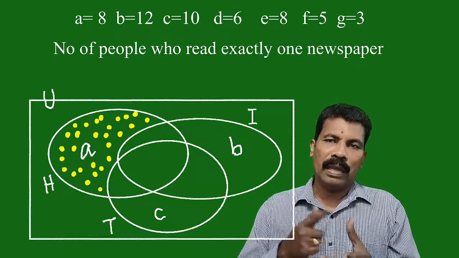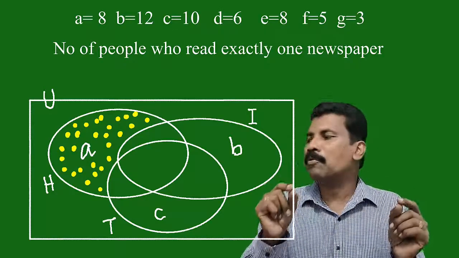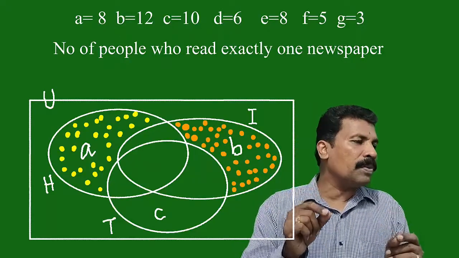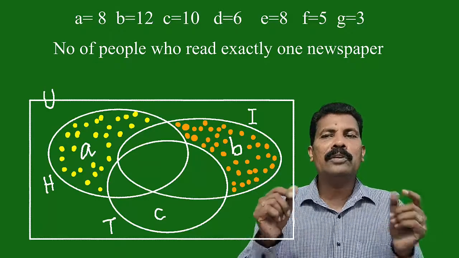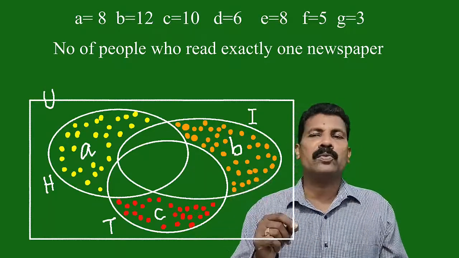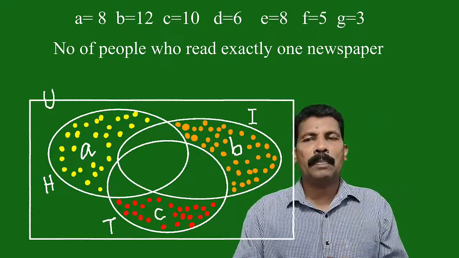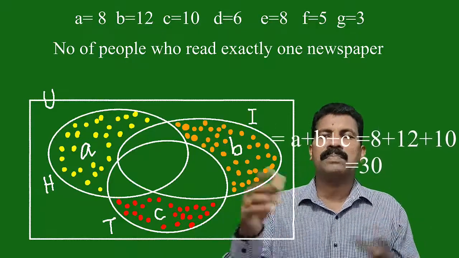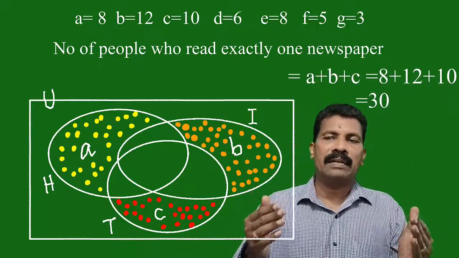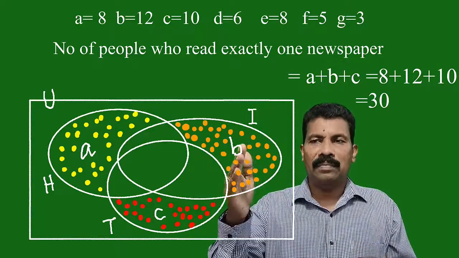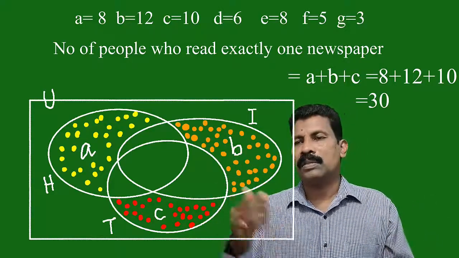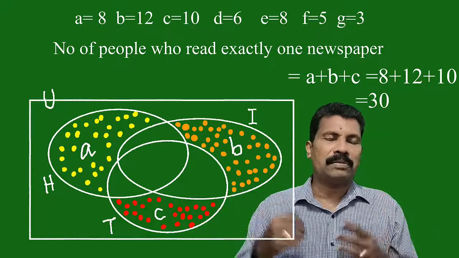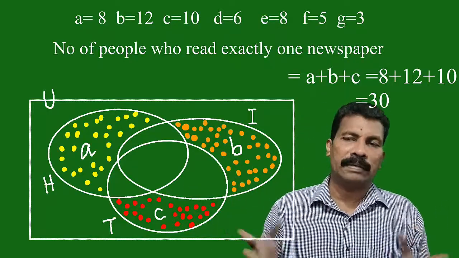Exactly one newspaper means A. Small a stands for the number of people who read only newspaper H. Similarly, B, the number of people who read only newspaper I. C stands for the number of people who read only newspaper T. So the required answer will be A plus B plus C. So that is 8 plus 12 plus 10, which gives you 30.